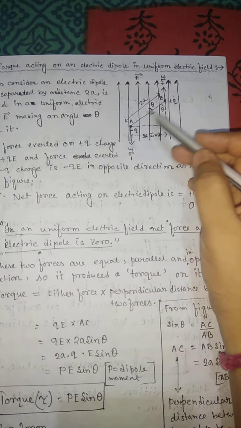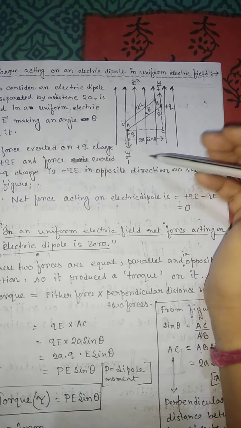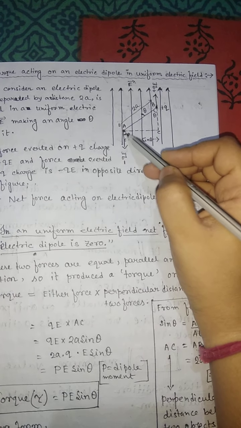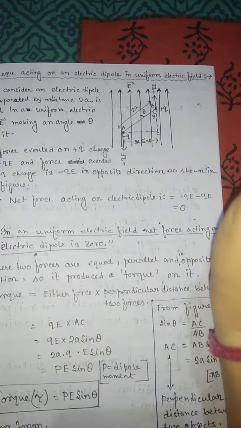Now here we place one dipole at an angle theta with the electric field. Clear? AB is a dipole, at A is minus Q, at B is plus Q, and the distance between them is 2A.